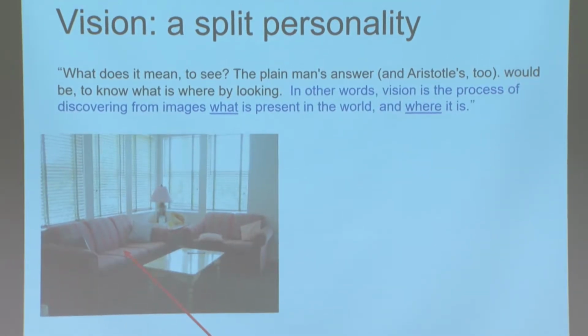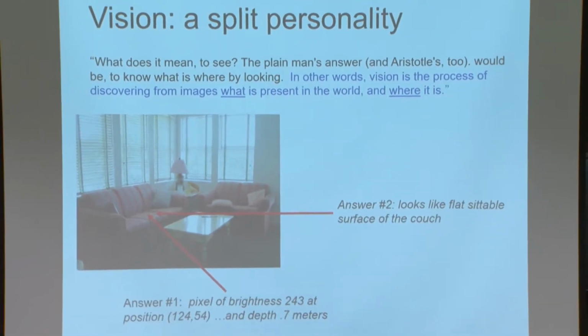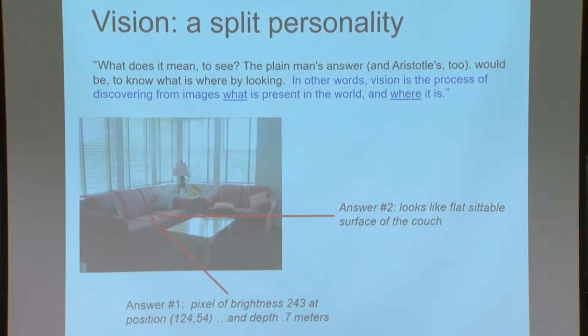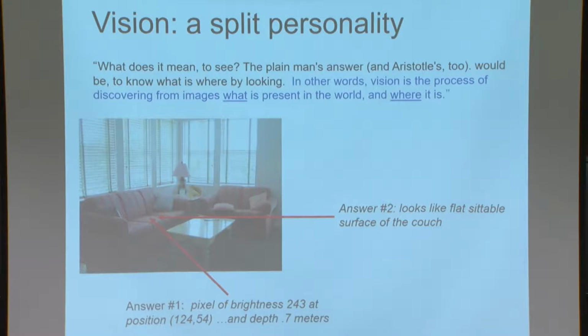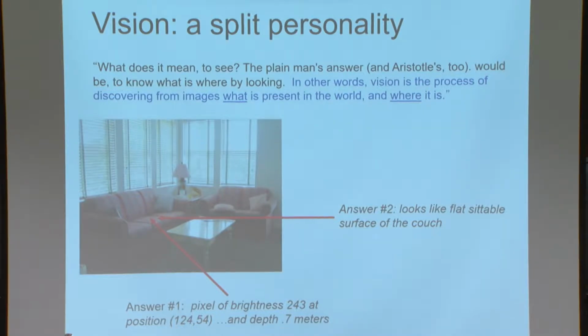But that creates a problem because it's not very certain and it's not a direct answer. If you look at this image here of a living room, this can have multiple interpretations if we ask questions which are not direct. For example, if we look at a particular pixel in the image and we ask the question, what is it or where is it? How do you define it? There are multiple ways to define it.